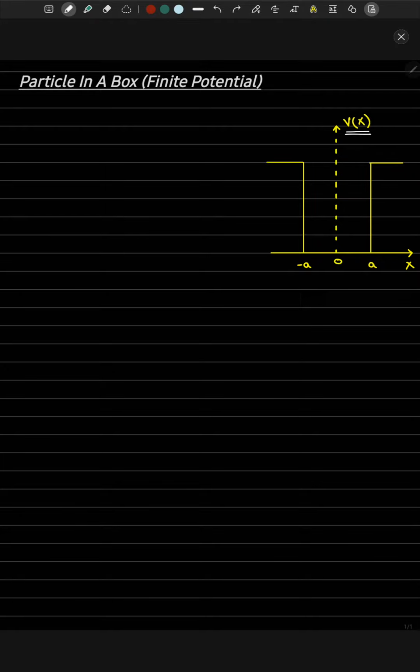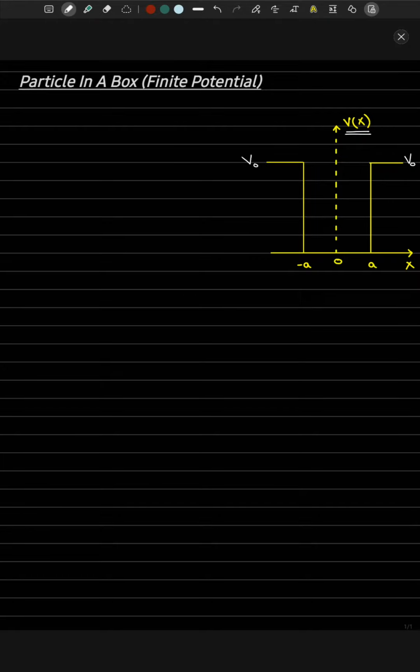Now, what makes this finite square well problem different from an infinite square well problem is that instead of having this potential infinity, the particle is confined in a box with some potential V naught at both ends. So the potential energy is comparable with the kinetic energy of the particle that exists inside the box.